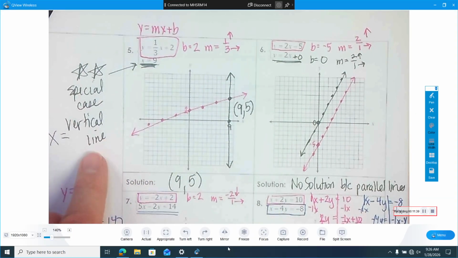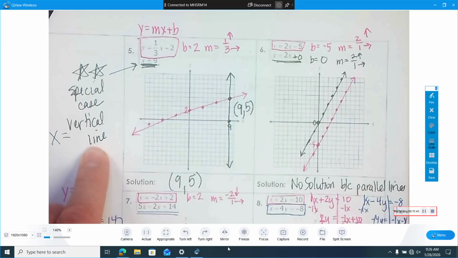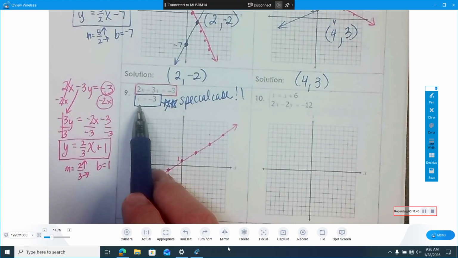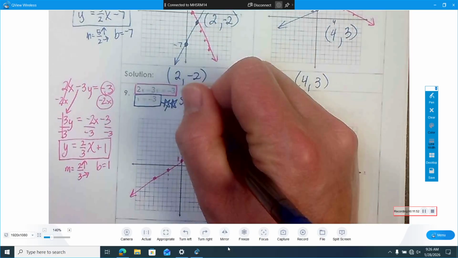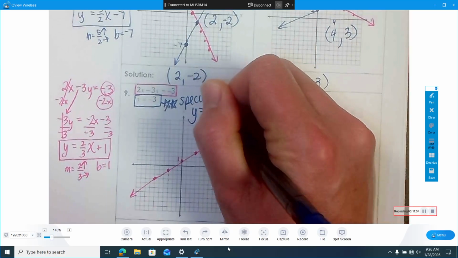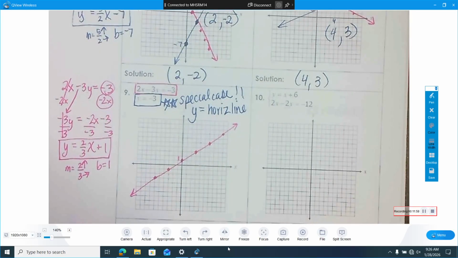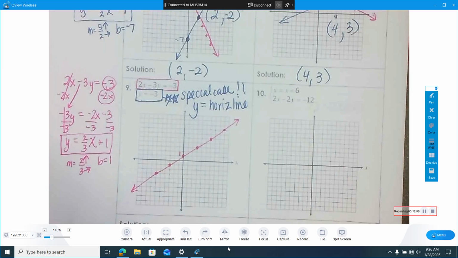And that gave us a vertical line. So this is also special case. We have y equals a number. So what kind of line is y equals a number? Horizontal, yeah. So y equals a number is a horizontal line. There's no x in there. It's just a horizontal line.